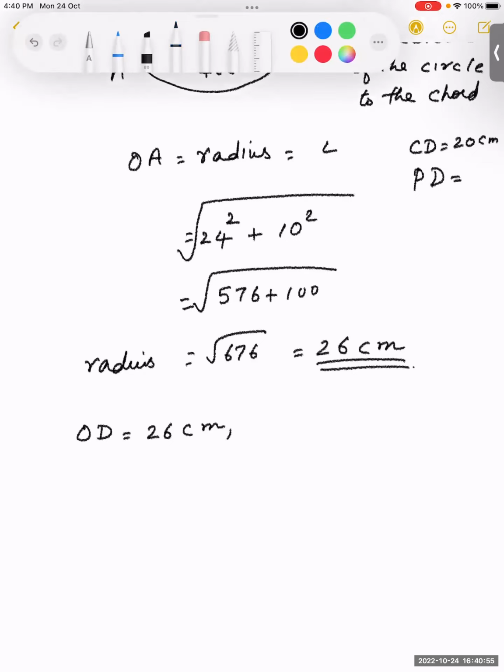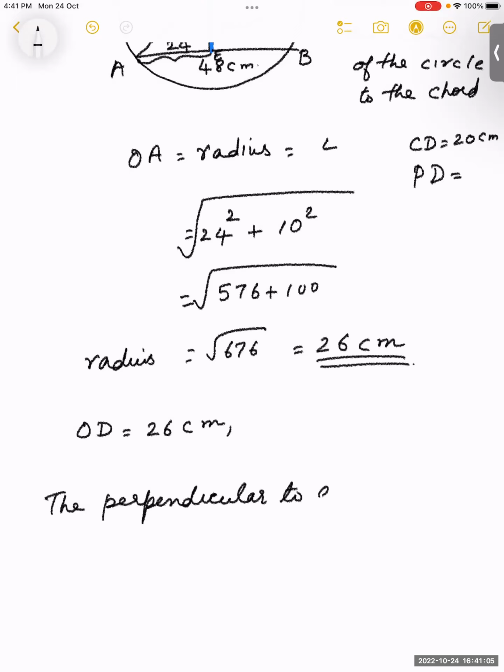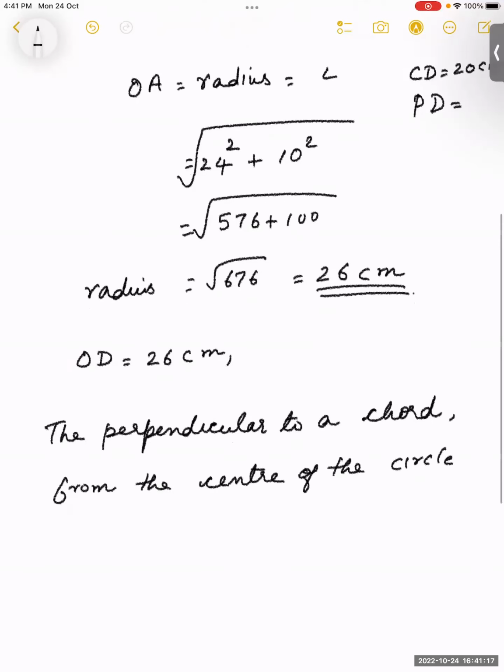Miss, can you scroll up? One minute. Let me just write the theorem. The perpendicular to a chord from the center of the circle bisects the chord.